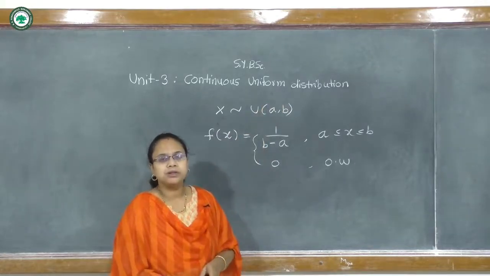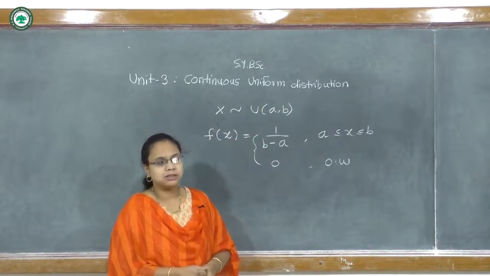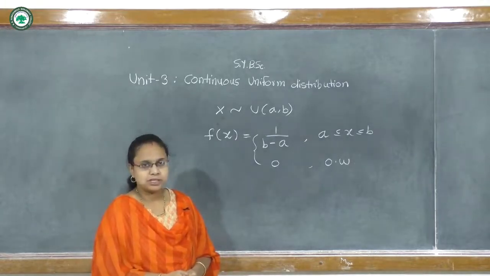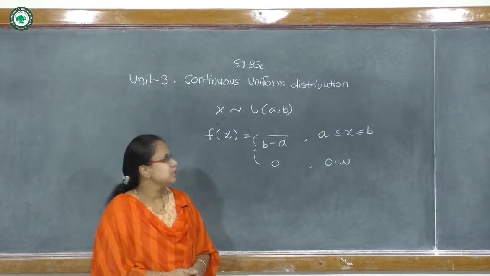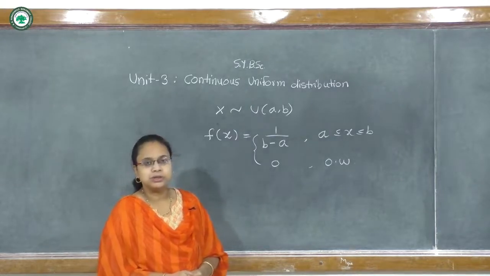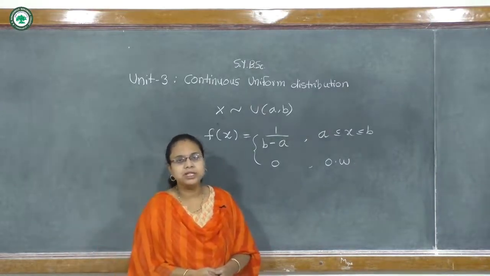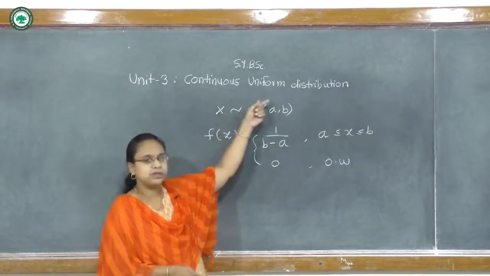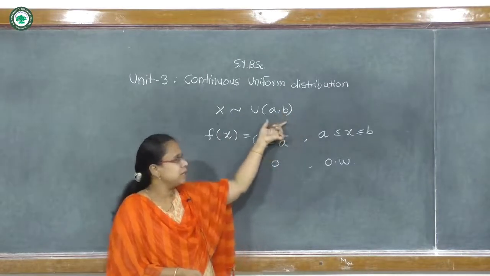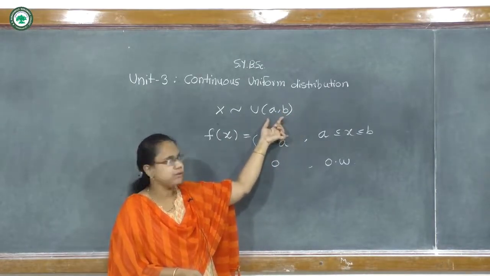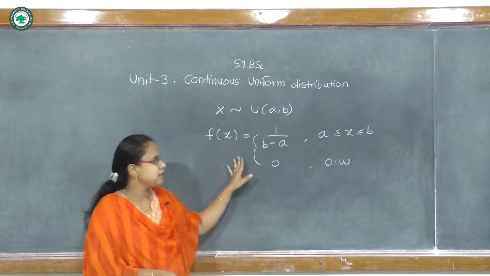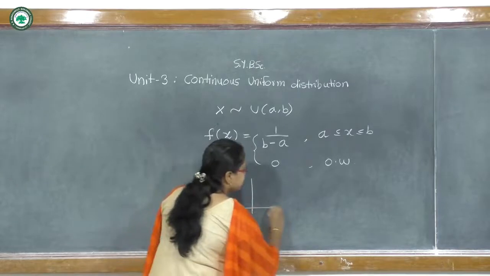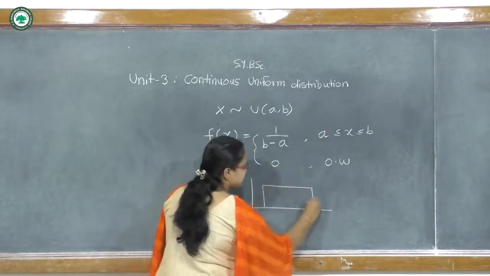If we observe that the number of classes have more or less equal frequencies, then this uniform distribution is used. We actually learned about the discrete uniform distribution, and similarly this is a continuous uniform distribution, but here the range is in the interval A, B, and here is the PDF of the uniform distribution and its curve looks like this.